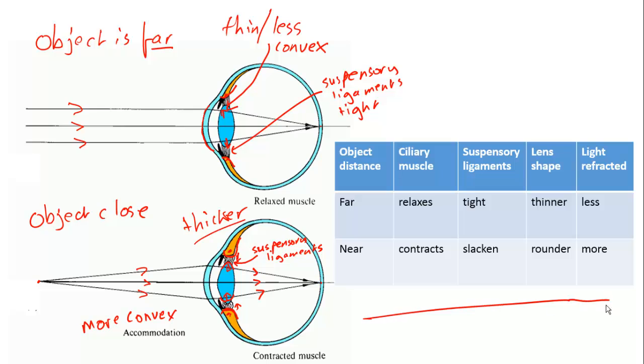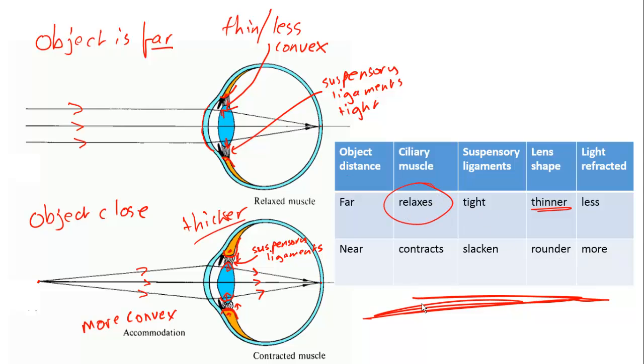This is a box I think you should try to remember. Object distance, ciliary muscle, suspensory ligament, and so on. And the counterintuitive point that you're going to need to remember here is that in order to pull the lens to a narrow or thinner shape for far objects, you relax the muscle.